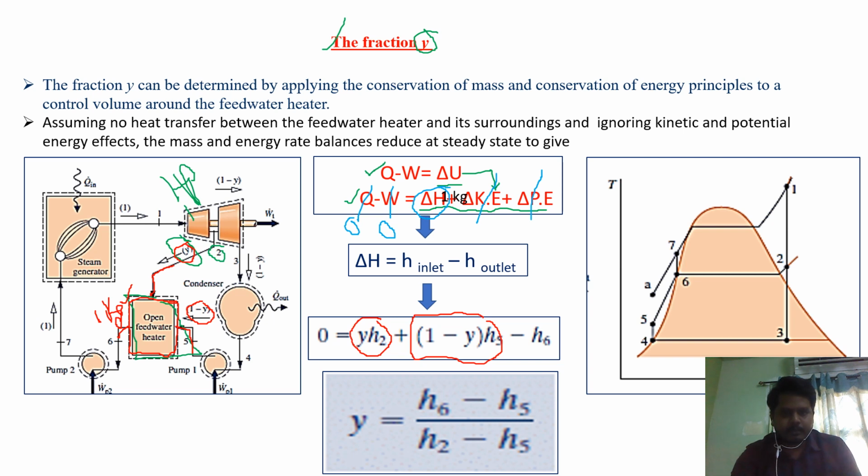These two terms are enthalpy at inlet, minus enthalpy at outlet at point 6, which is H6. Here the mass is 1 kg, so 1 kg times H6. When you simplify this equation, it can be written as Y equals (H6 minus H5) divided by (H2 minus H5). So from this equation, we can calculate the fraction Y extracted from point 2 at the exit of the high pressure turbine.